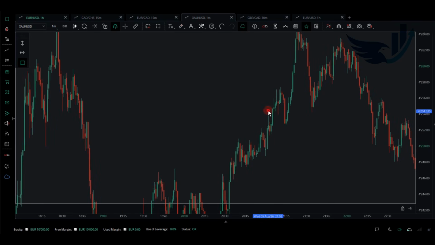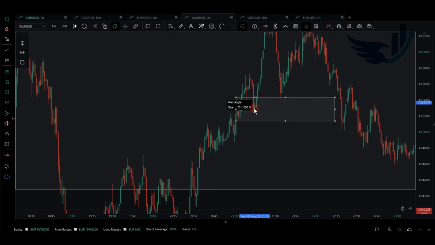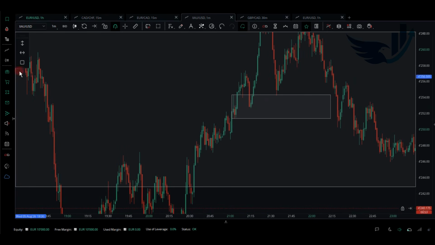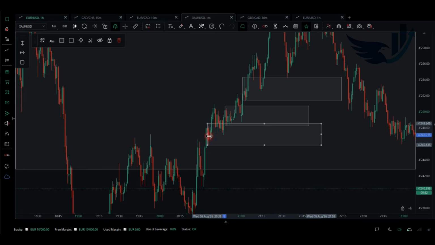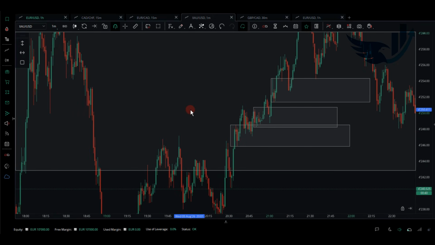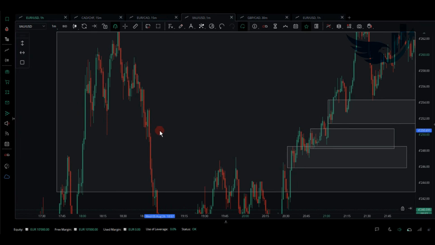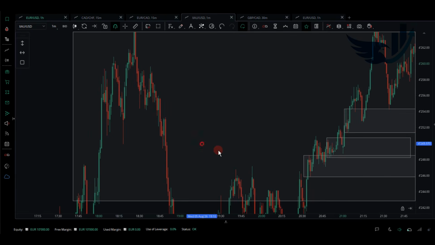I can take this one as a holder king since it held the price. Also, I can take this one, this little one. Also, this one right here. And let me just go to the second leg, which is here.